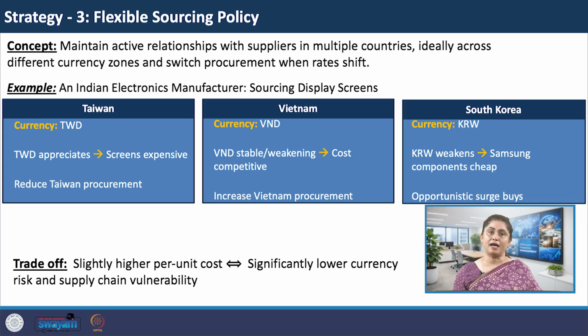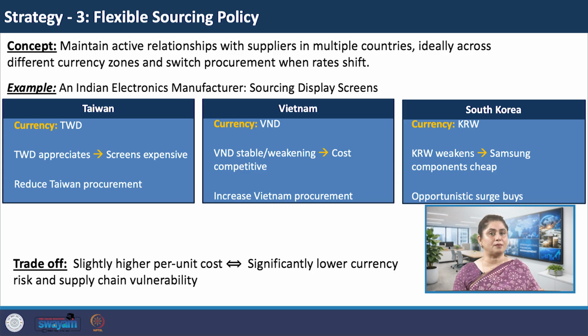When one supplier's currency appreciates and makes their products more expensive, the firm simply shifts procurement to the supplier whose currency has remained stable or has weakened. The hedge is not a financial contract, it is built into the supply chain architecture itself.